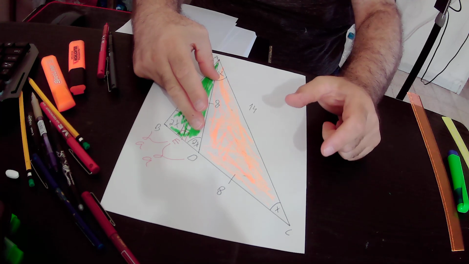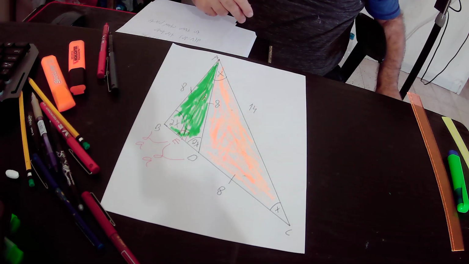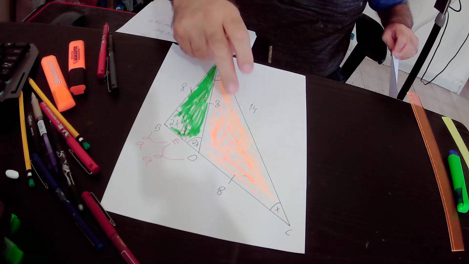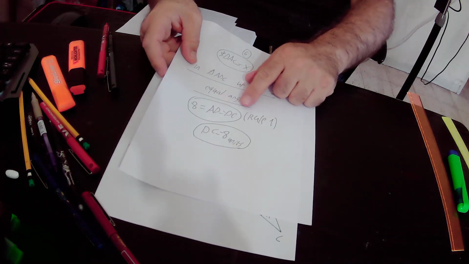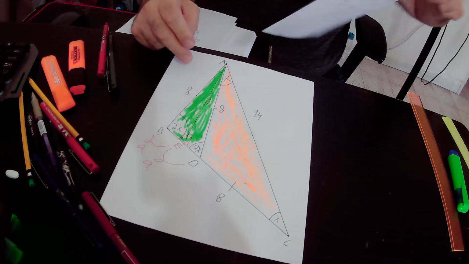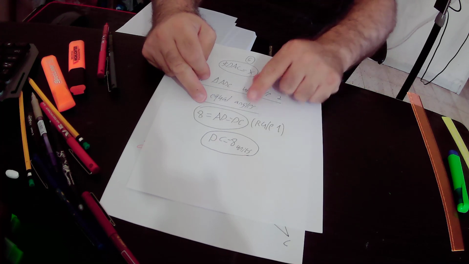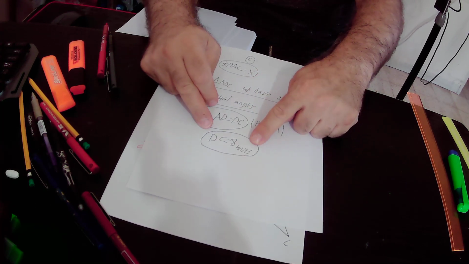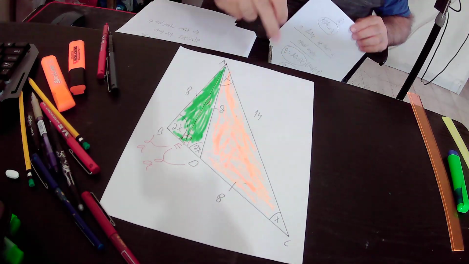So AD equals DC. But we know that AD equals 8 units, so from this equality we can deduce that DC also equals 8 units.